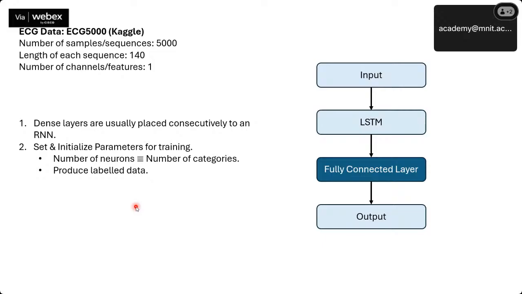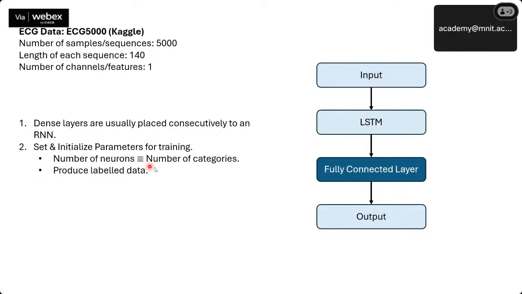For the fully connected network, you have to keep in mind that the number of neurons in the output layer will be the same as the number of categories. Let's say you have 5 labels or 5 classes. In that case, the output number of neurons should be 5.